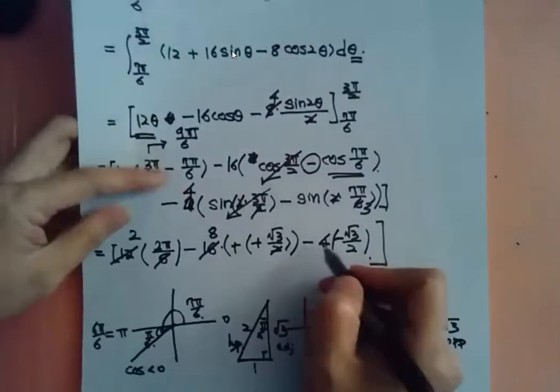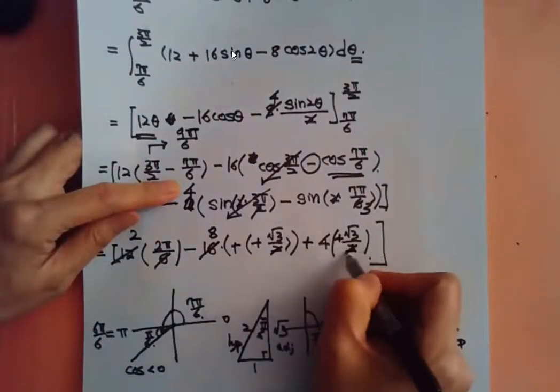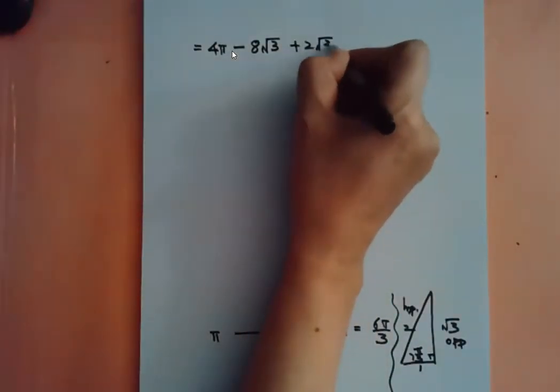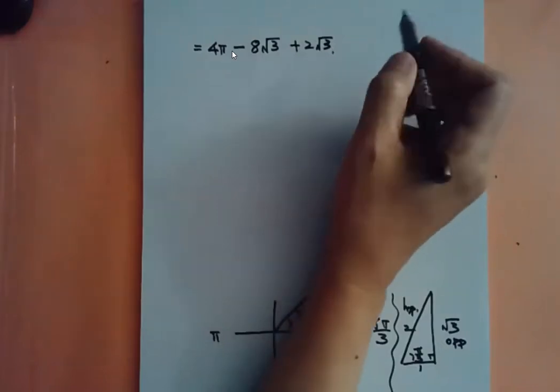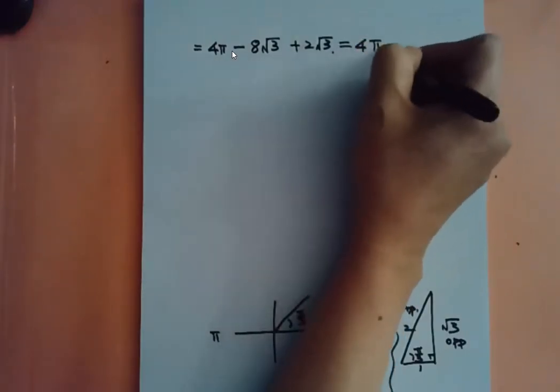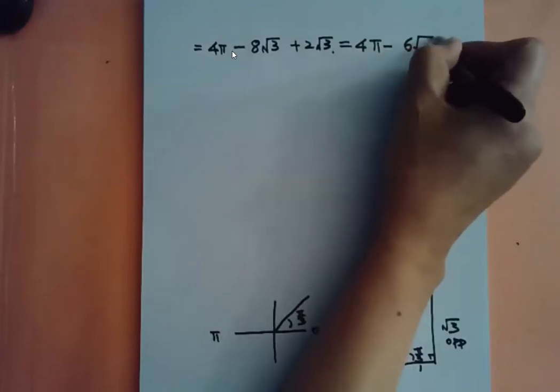And then minus will make plus, and so this one and 2. So plus 2 square root of 3. And so that is 4 pi minus 6 square root of 3.